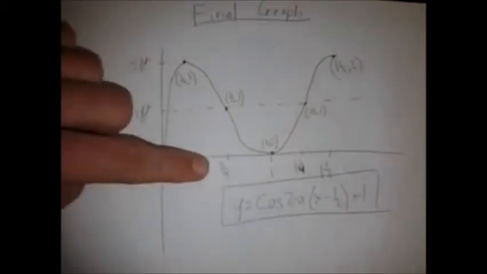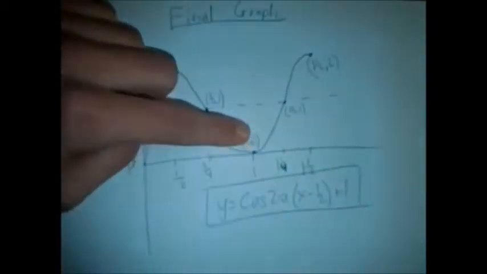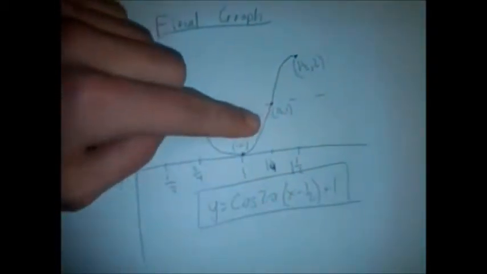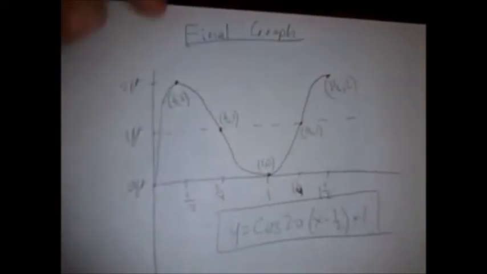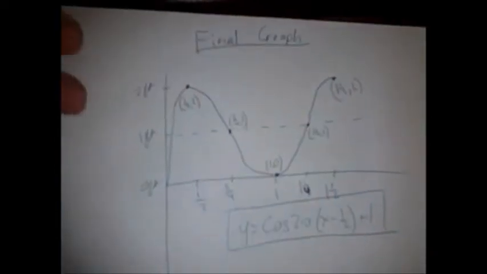Then we can mark points at 3/4 second and 1 foot, 1 second at 0 feet, 1 3/4 seconds at 1 foot, and 1.5 seconds at 2 feet again, where my foot reaches the maximum on the other side. We can continue this pattern for a few periods to get a good representation of this pattern. To finish it off, we can draw a curved line that goes through all these points to show the motion of your legs on the rest of the graph.